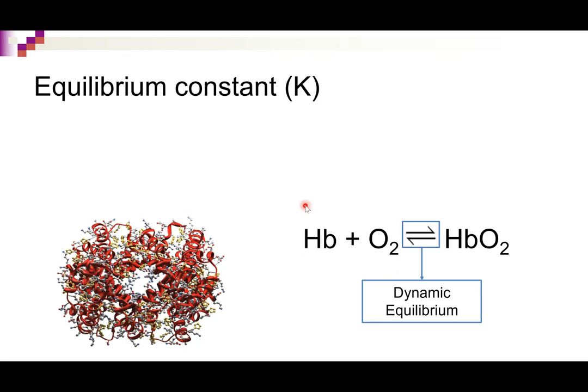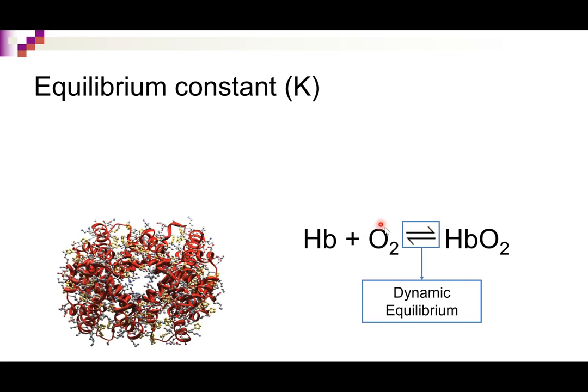The very generic reaction for this: Hb stands for the hemoglobin molecule. O2 is the oxygen that it'll bind to or release. And when they are bound together, in a complex, that's the hemoglobin-oxygen complex. So this is bound together, it's holding on to a hemoglobin. This is when they're separated, okay?